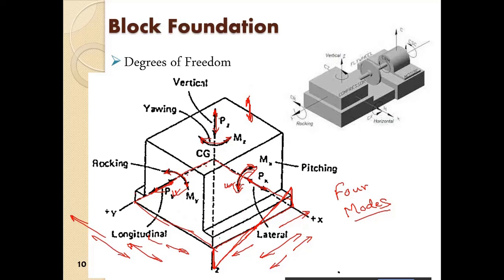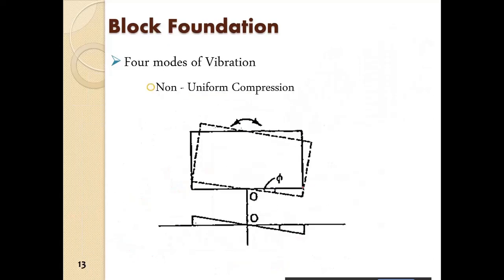Now when it is rolling or pitching, the compression is not uniform. There is compression on one side and extension on the other side, and there is a rotation of the foundation. So that is why it is called non-uniform compression.